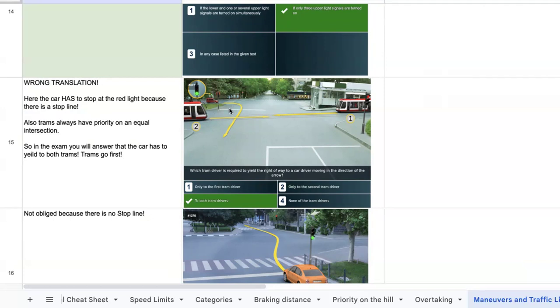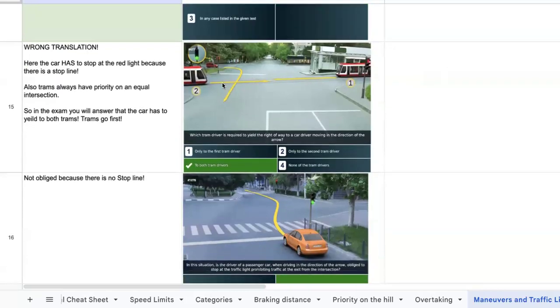And here, as you can see, we also get this question sometimes: what does it mean that cars should stop if there is a stop line at the traffic light, and if there is none, then they're not obliged to stop? Here is a perfect example to compare. The car has a green light there, and it turns right, and then there is a red light here. If there wouldn't be a stop line, the car would be able to pass, but they put a stop line there probably because there are trams.